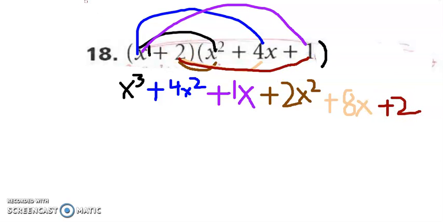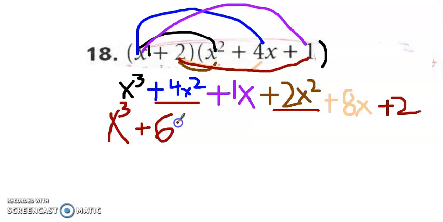The next step is I need to put like terms together. So anything that has an x to the 3rd goes with x to the 3rds. There isn't, so that just drops down to x to the 3rd. I have a plus 4x squared here and a plus 2x squared there. They combine. The x squareds stay where they're at, but the 2 and the 4 become a 6x squared.